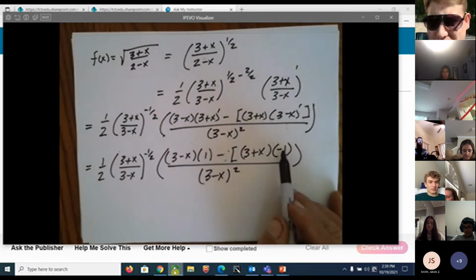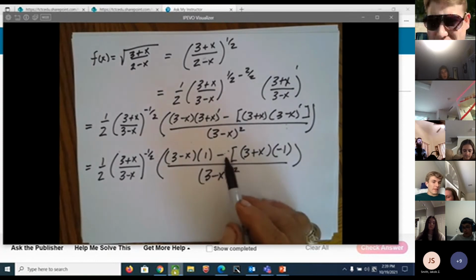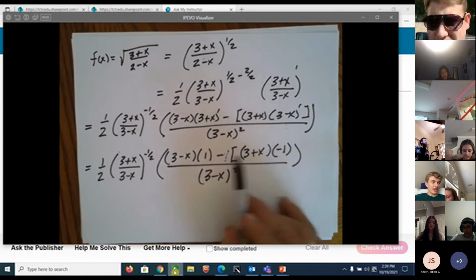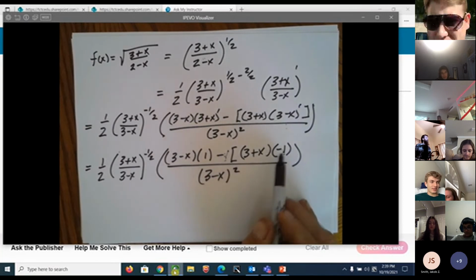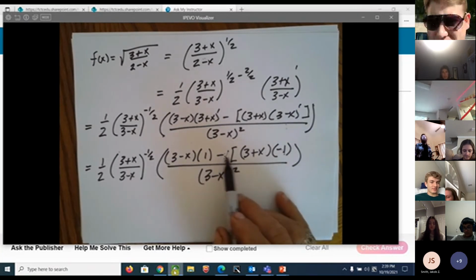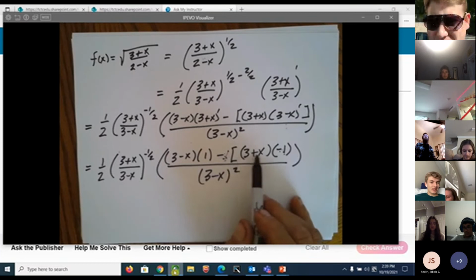And I'm going to take this negative 1 and multiply it by this negative 1. That's going to give me positive 1. So that should cancel this out.